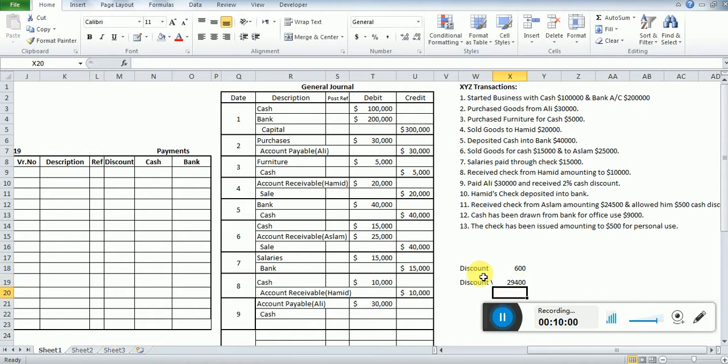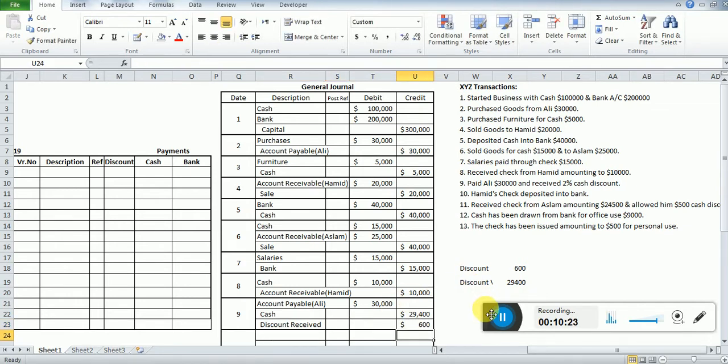So you have to record 29,400. It means cash is reducing by 29,400. Okay, and the discount we are receiving is called discount received, and should be credited $600.